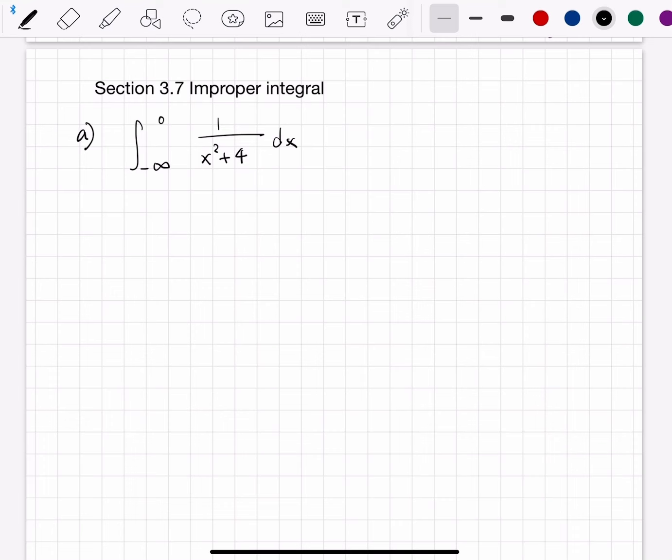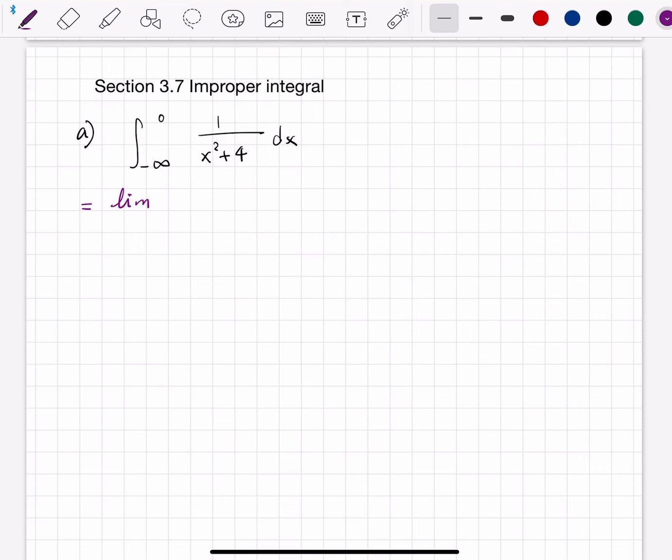The whole integration rule applies here. It's the same. The only difference is that instead of two numbers a to b, here we have an infinity, so we cannot really plug in the infinity. What we need to do is take the limit. Let's say a number t goes to negative infinity of the integral from t to 0 of 1 over x squared plus 4 dx, just to make it legit.